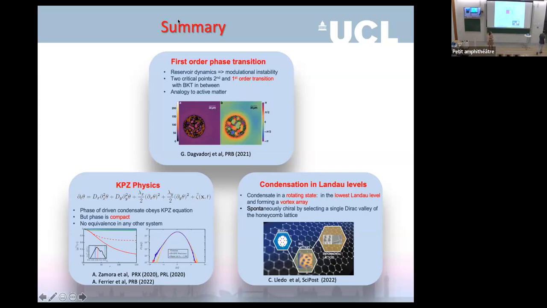I was wondering, about this methods section, you say you also want to go to strong dissipation, right? But you always start from some Lindblad description, and if you follow a description of this quantum optical master equation, then you do a rotating wave approximation. So a Lindblad description would only be valid for weak coupling, right?